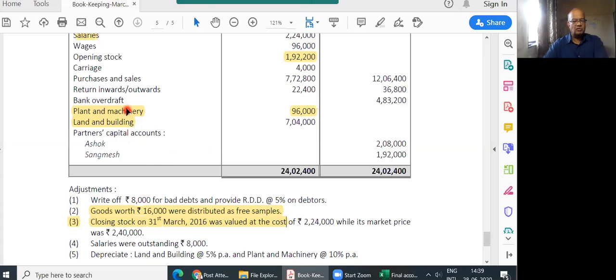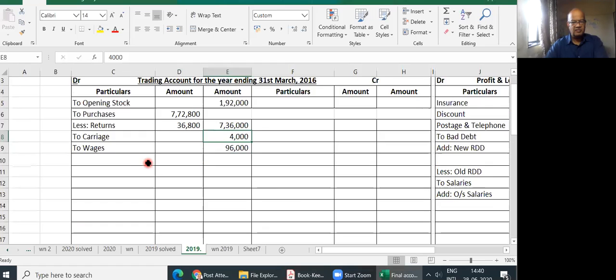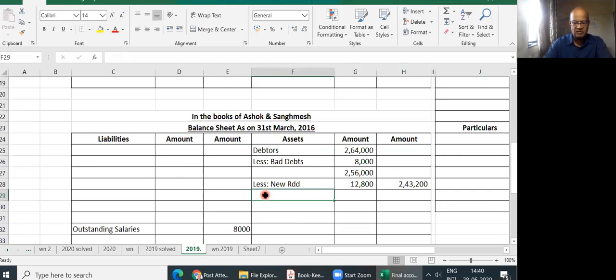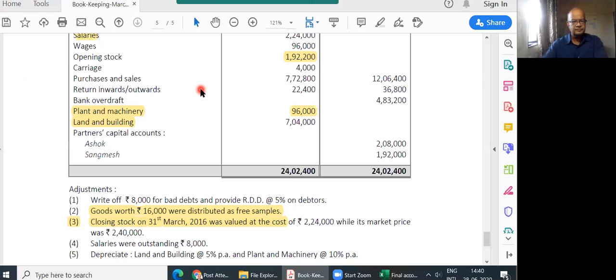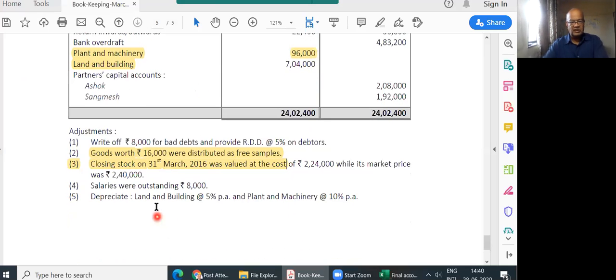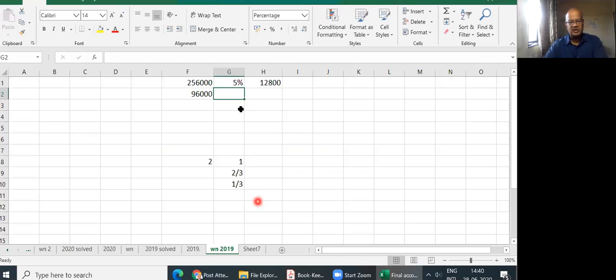Now you have plant and machinery, 96,000. Less depreciation. You see, land and building is 5% and plant and machinery is 10%.